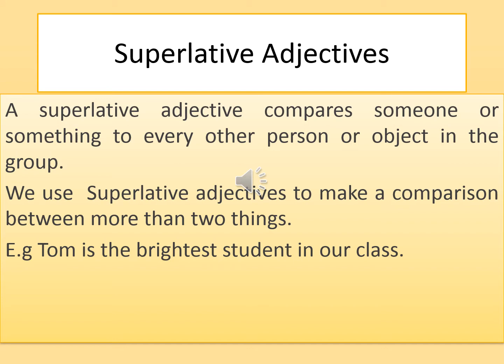A superlative adjective compares someone or something to every other person or object in the group. So we use superlative adjectives to make a comparison between more than two things. For example, Tom is the brightest student in our class.